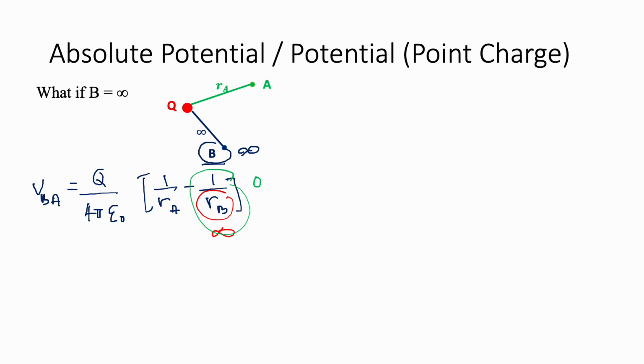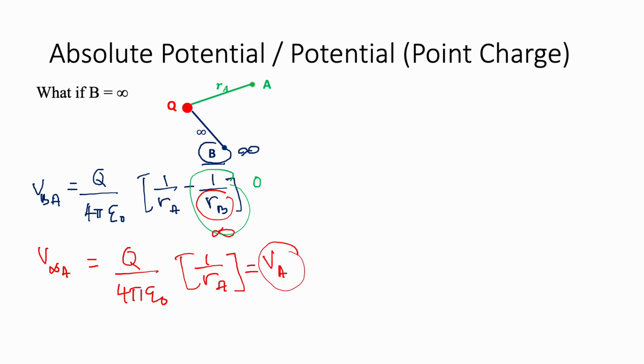So when your initial point is at infinity, it will be Q over 4 pi epsilon naught times 1 over RA, which equals the potential at VA. So this is the equation, and you will get the potential exactly at that particular destination point.